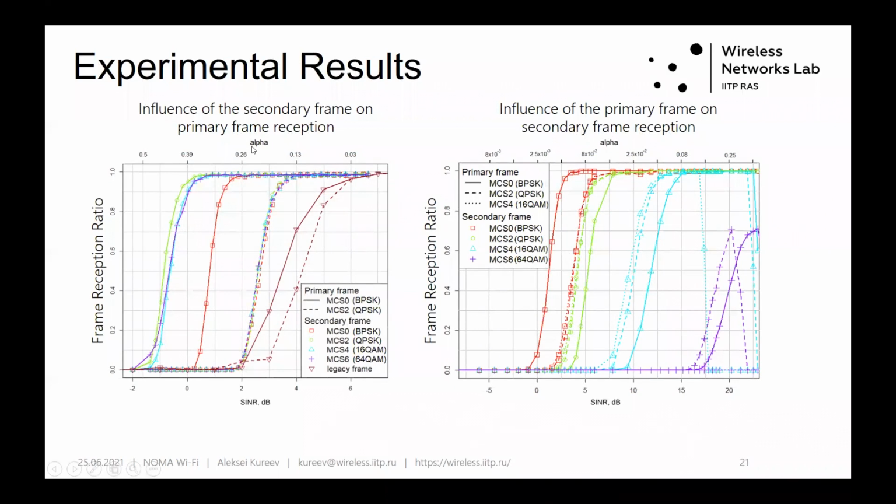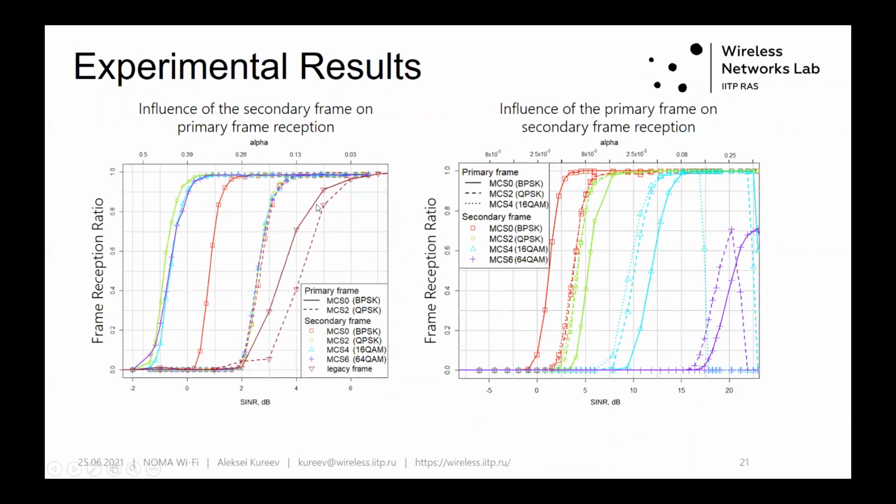And to study this, we conducted some experiments. We vary the scaling factor alpha, and from this scaling factor we can obtain the overall SINR, the signal to noise plus interference ratio, and we can measure the frame reception ratio, which is a result of several NOMA transmissions. And here you see the influence of the secondary frame on primary frame reception.